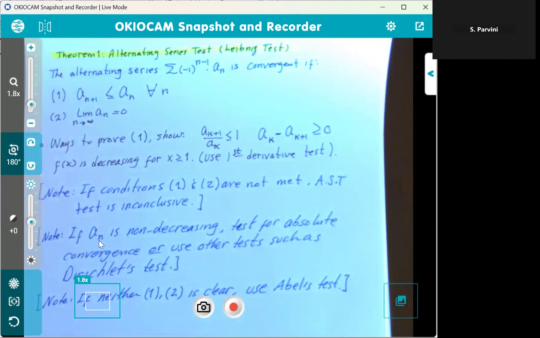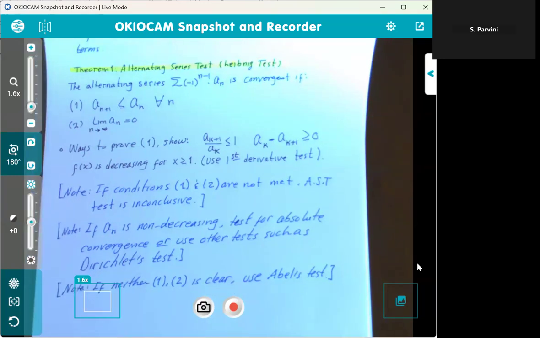So if the sequence is non-decreasing, meaning condition 1 fails, then usually you can test for perhaps absolute convergence, or use other tests such as the Dirichlet test. Now you can read about these other tests because they're not within the scope of what we're doing here. But nonetheless, these tests do exist. So that would be one remedial action.